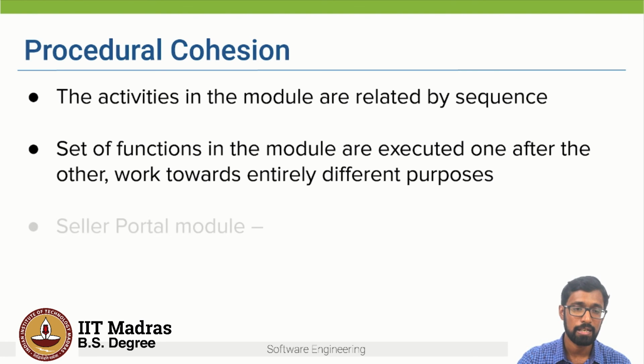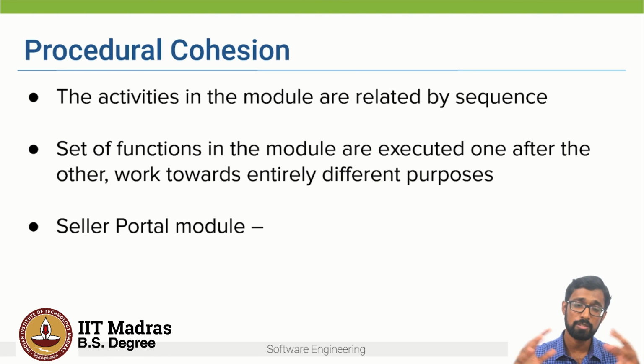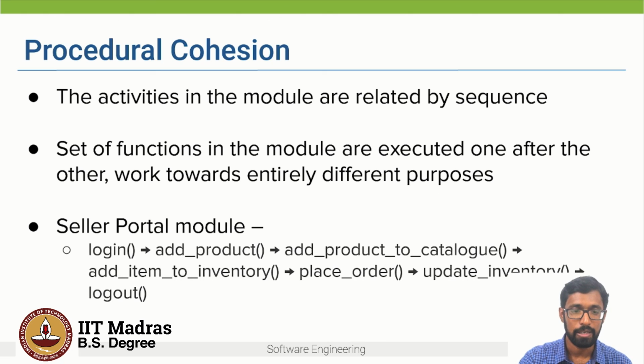Let's take an example of a seller portal module, which encompasses most of the things in the seller portal. For example, it can have a login function, then add product, add product to catalog, adding item to inventory, placing the order, then updating the inventory and log out.